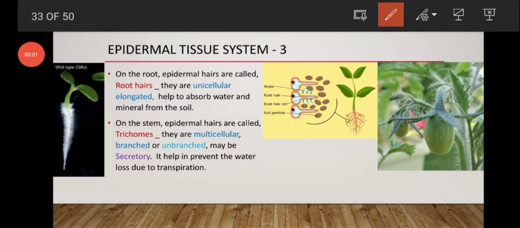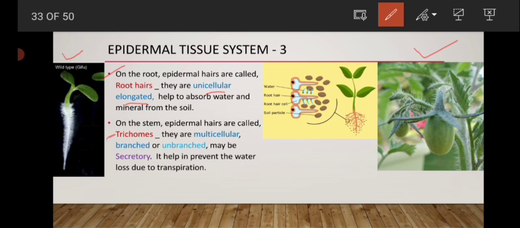Now we will read about epidermal appendages. Here you can see two types of hair. One is root hair and another one is stem hair. Stem hair is also known as trichomes. Now the root hairs are unicellular and elongated.